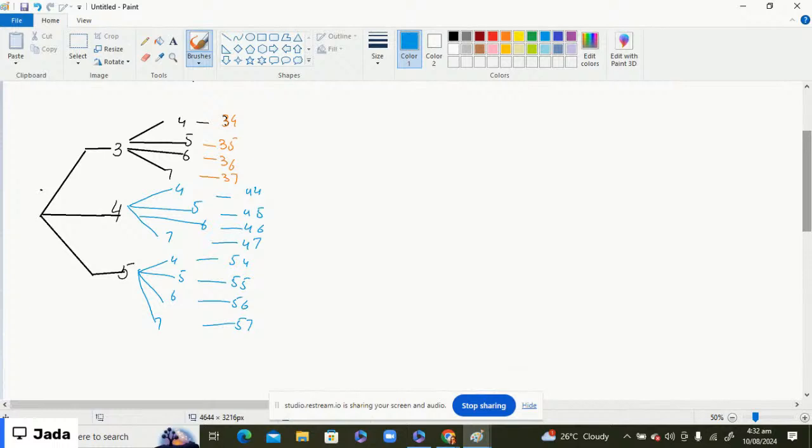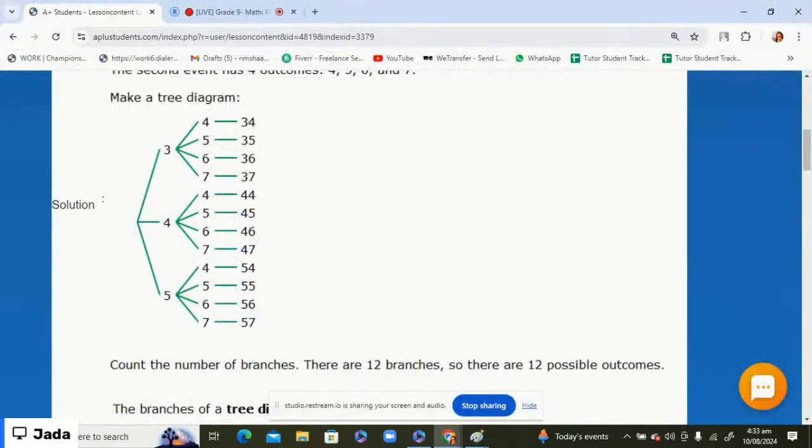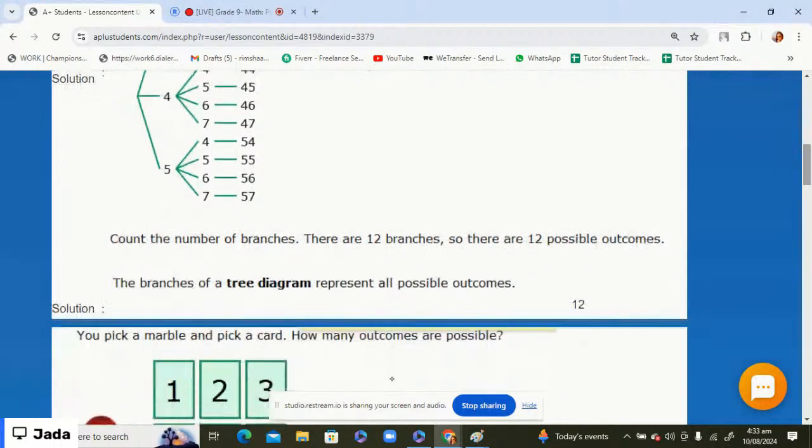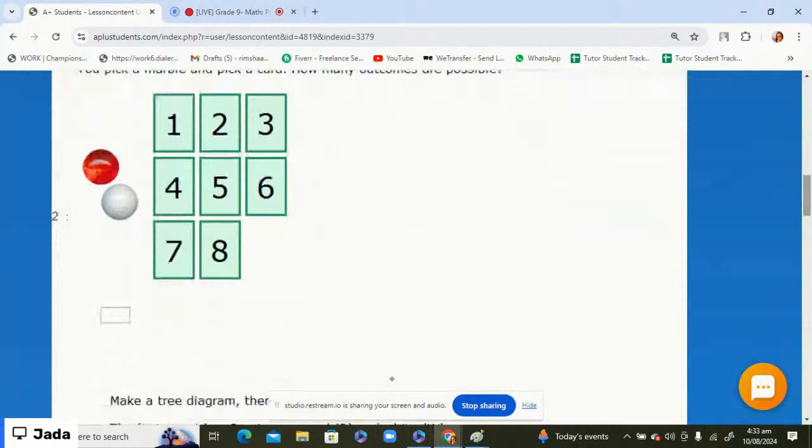For the second this is the same thing, for the third this is the same thing. This is basically the tree diagram. Okay, so how many total branches? Total these are 12. So the number of possible outcomes is 12. That's it.